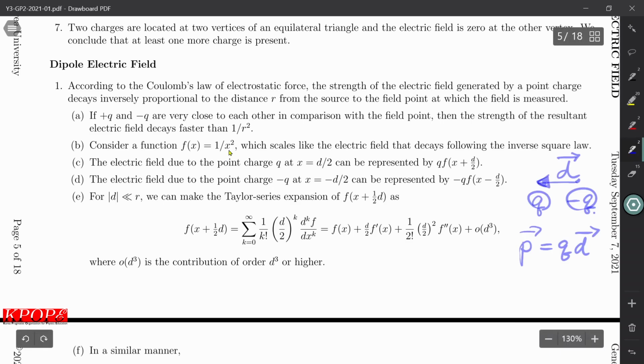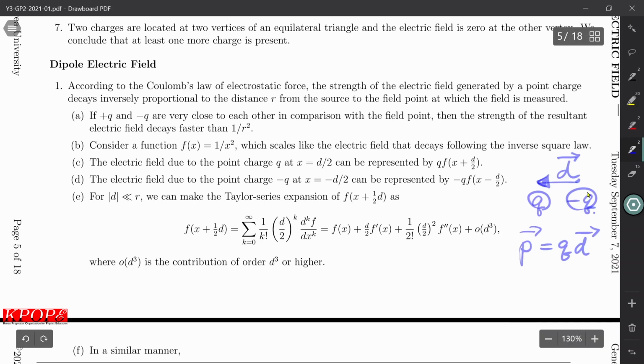A dipole consists of two charges equal in magnitude but opposite in sign.